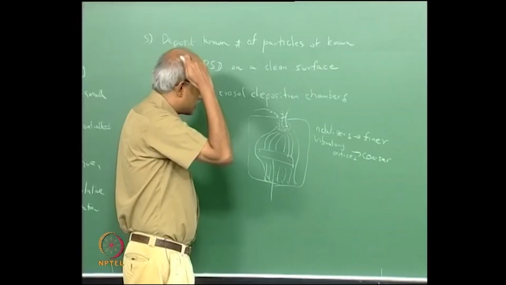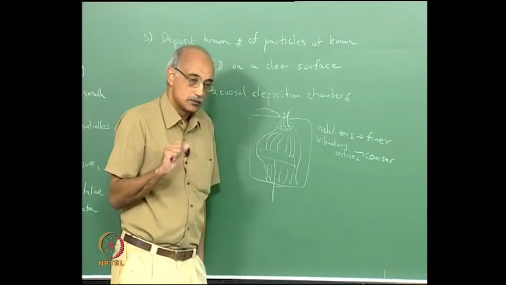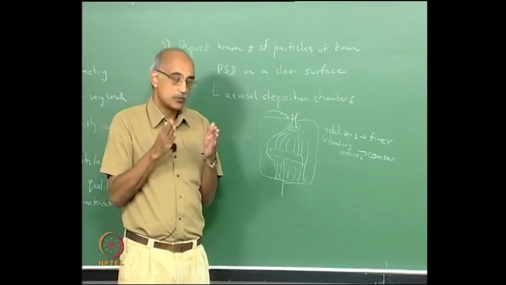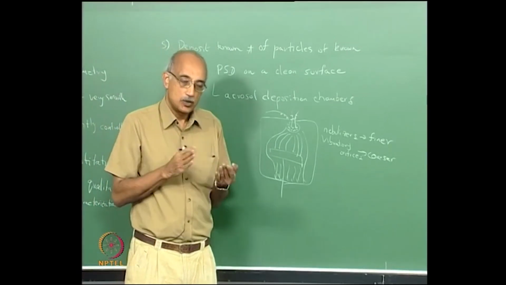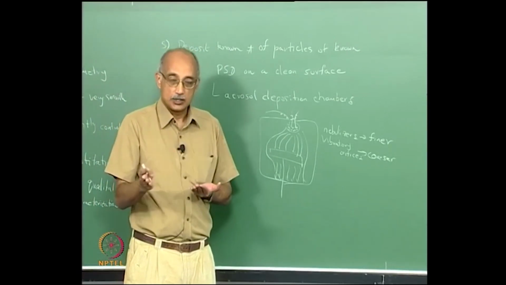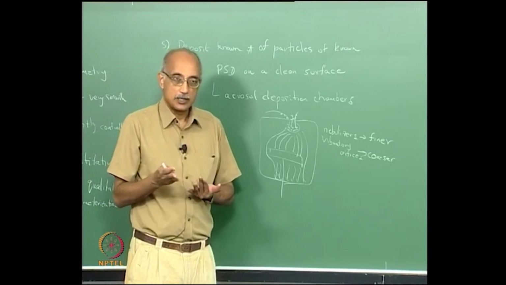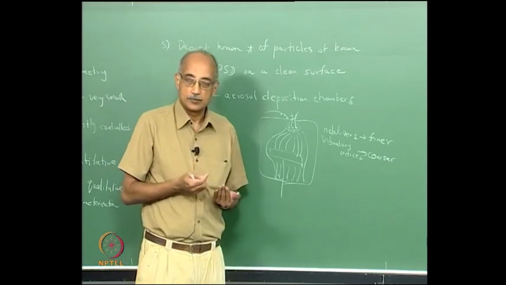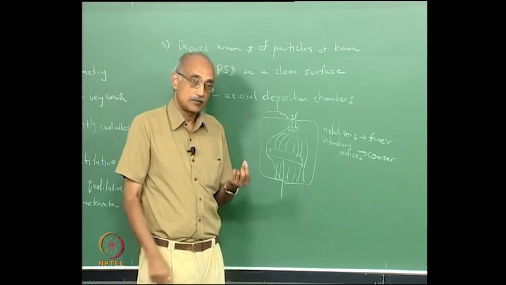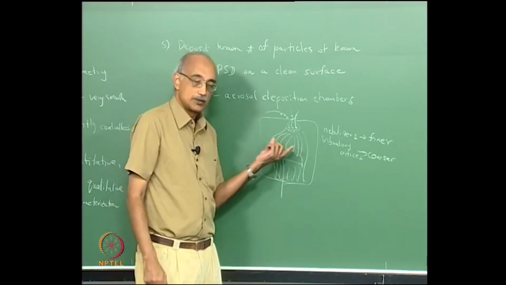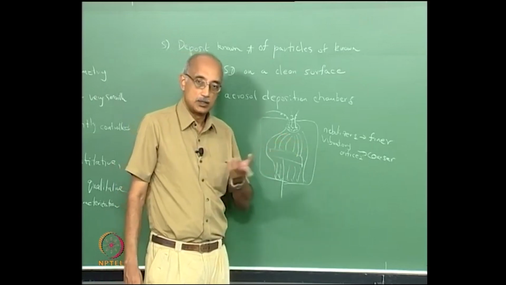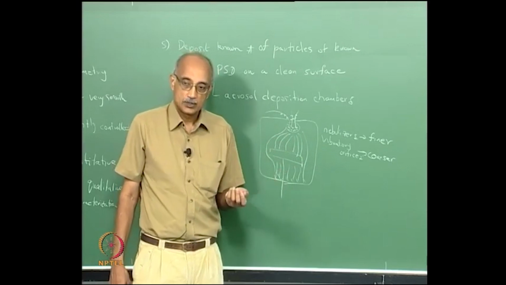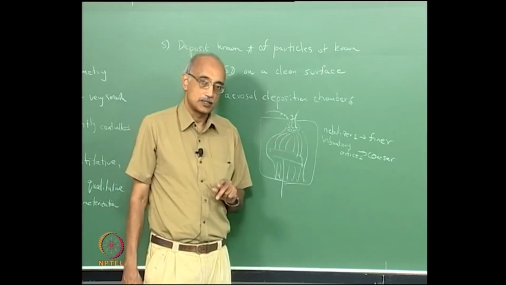Now, streamlines are good for transporting particles that are in an intermediate size range, which follow the streamlines. But as we know, particles that are much larger will not follow streamlines. They will inertially impact if the Stokes number is high enough. And similarly, particles that are very, very fine will not follow the streamlines either, because they will essentially follow diffusional paths, so they are very likely to deviate from the streamlines.